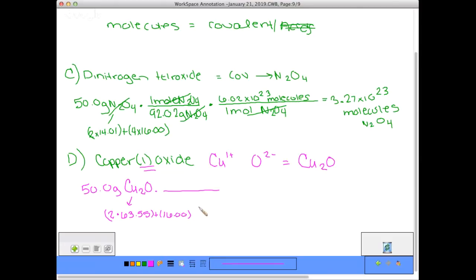Let me just double check my math. 63.55 times 2 plus 16. Yep, I get that my mass is 143.10 grams of copper oxide, and it's going to be 1 mole of copper 1 oxide.